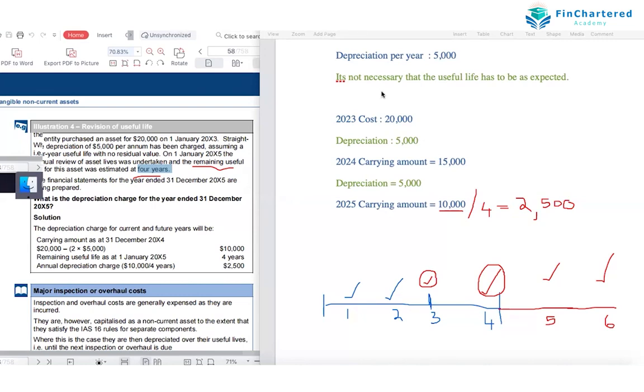Anybody, any problems with this illustration? Is it explained very clearly to you? All good? Are you understanding exactly what is happening in the question and in the answer?